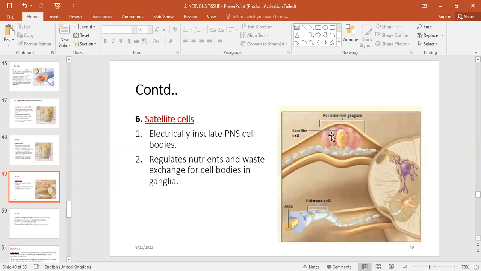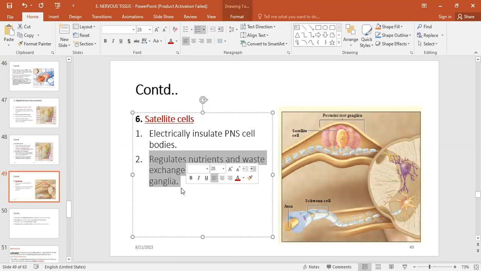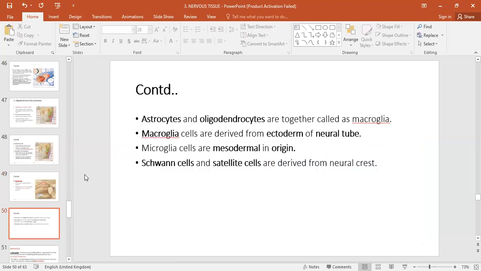So that's why we have satellite cells only found in the peripheral nervous system. So the function is similar to astrocytes. We saw that astrocytes were acting as blood-brain barrier, providing nutrients, protecting the cells. That's what satellite cells also do here.